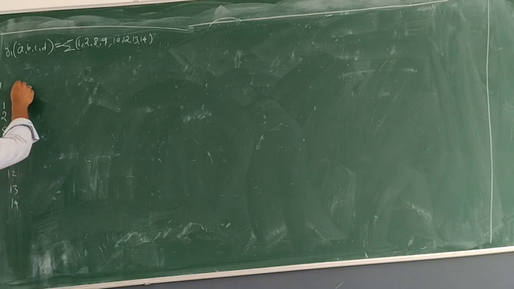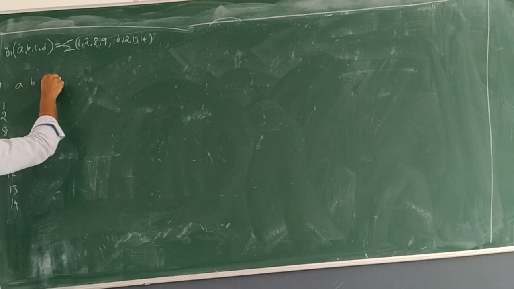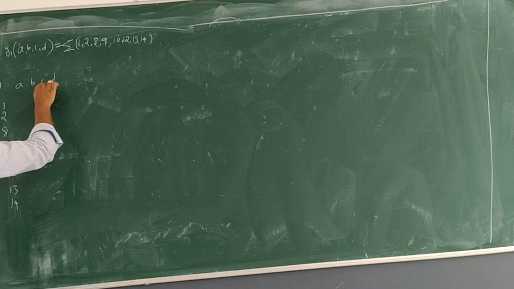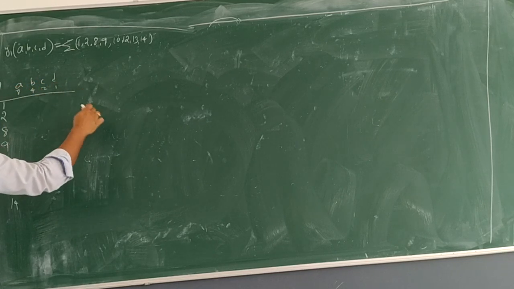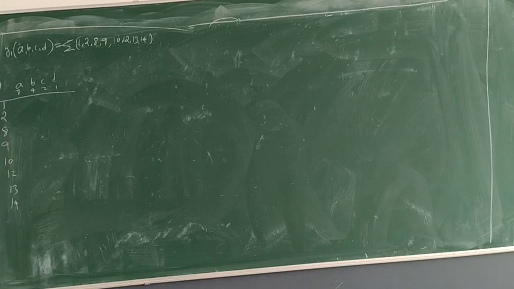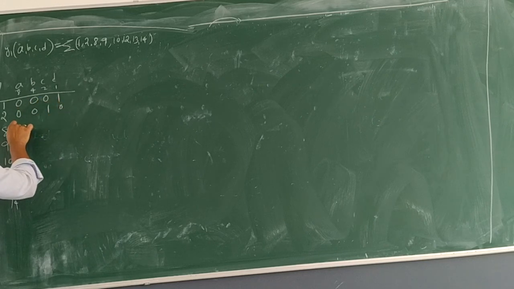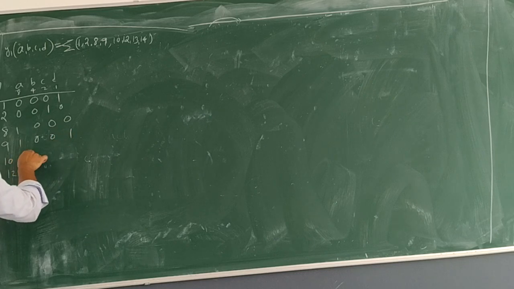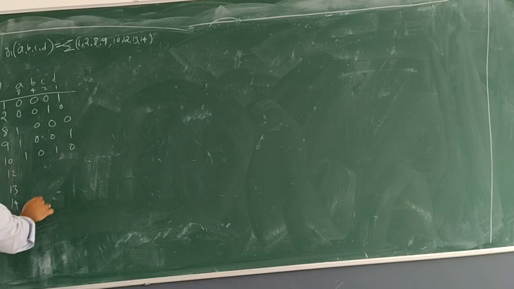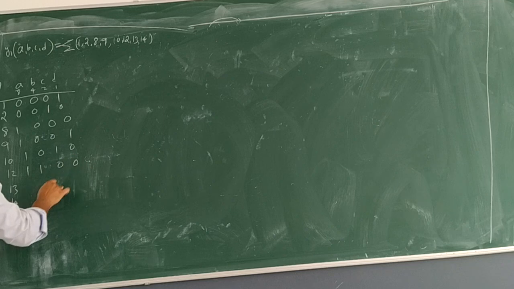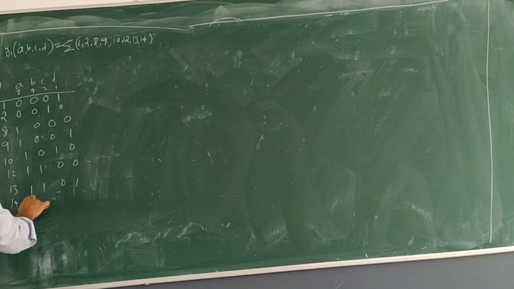Now take the variables and magnitudes 1, 2, 4, 8, and represent them in terms of bits: 1 is 0001, 2 is 0010, 8 is 1000, 9 is 1001, 10 is 1010, 12 is 1100, 13 is 1101, and 14 is 1110.